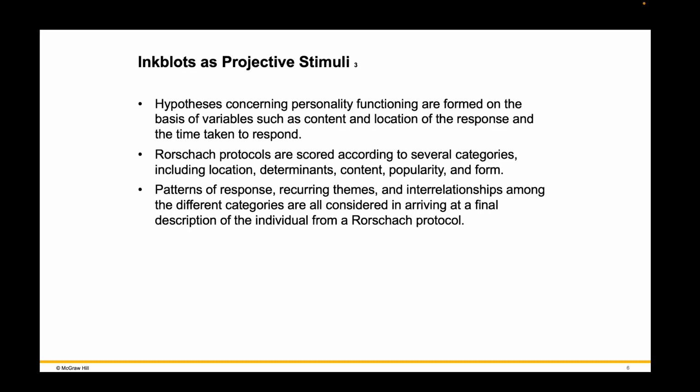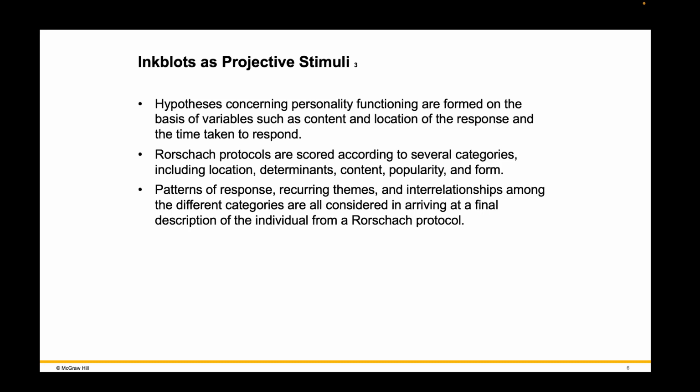So, aside from the many codes that you have to write down per answer, you also have to note the time, kung gano'n niya kabilis nasagot yung isang inkblot card, or gaano katagal siyang sumagot sa isang inkblot card. Kasi may ibig sabihin din yan. So, lahat yon ino-note mo siya.